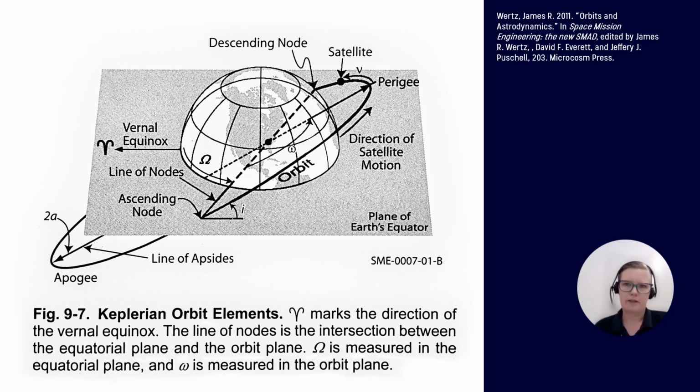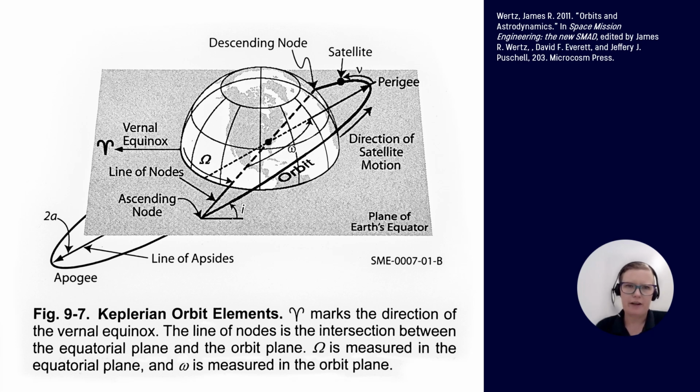So periapsis if it's anywhere, perigee if it's an Earth orbit, something orbiting around the Earth. So that's the angle, lowercase omega. So here it's labeled between the ascending node and the perigee of the spacecraft. So the angle between that point there on the line of nodes.